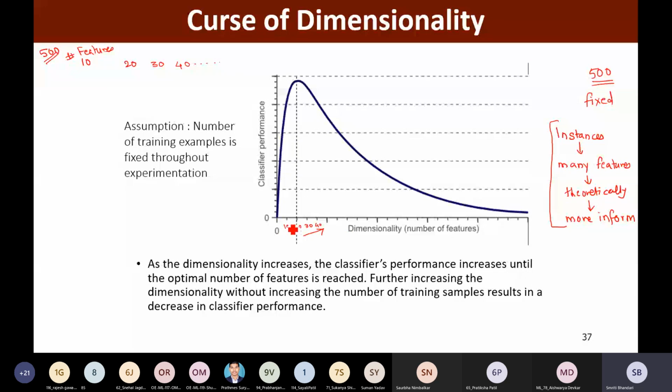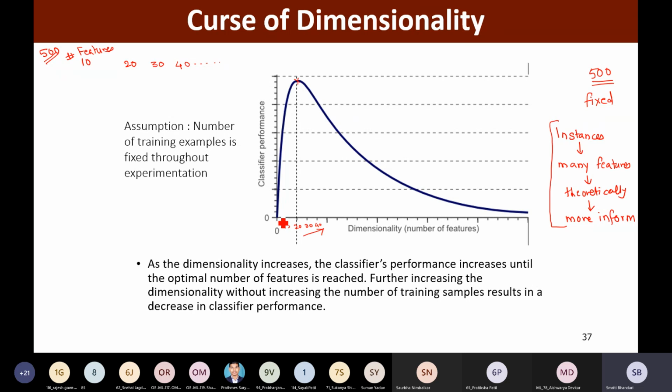So the observation is, as the dimensionality increases, the classifier's performance increases until the optimal number of features. Say for example, in this particular case, at this instance, we are getting the highest performance. So the number of features, say for example, are 20. So for 20 number of features, we are getting the optimal or the maximum performance of our classifier.